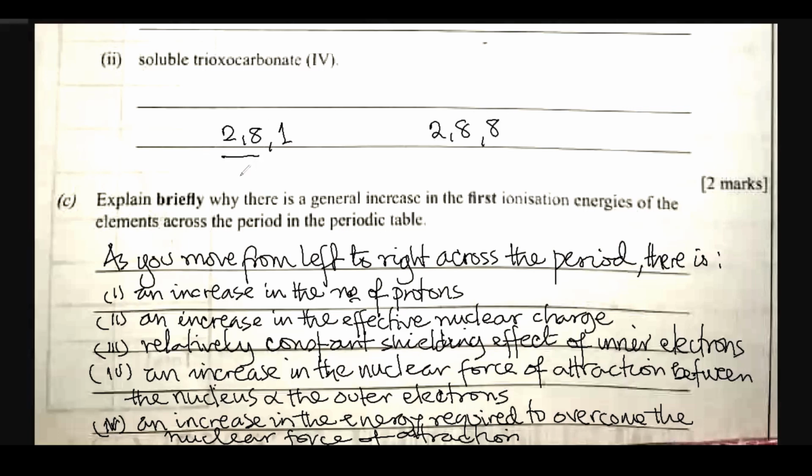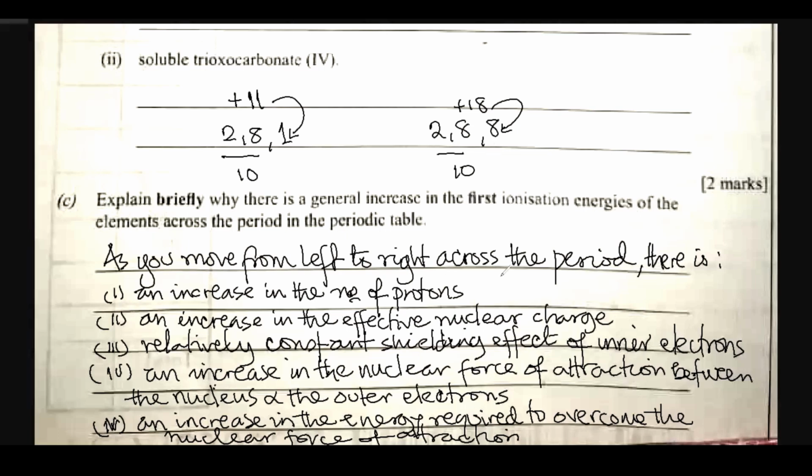Inner electrons here are 10, so they are the same. But there's an increase here: you had plus 11, and you have plus 18. Plus 11 attracting 3 shells, and plus 18 attracting 3 shells. So which one will the force be stronger? It will be between plus 18 and the 3 shells.